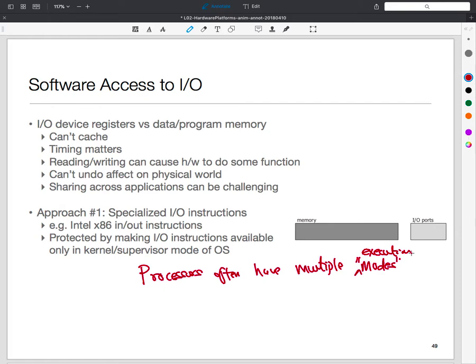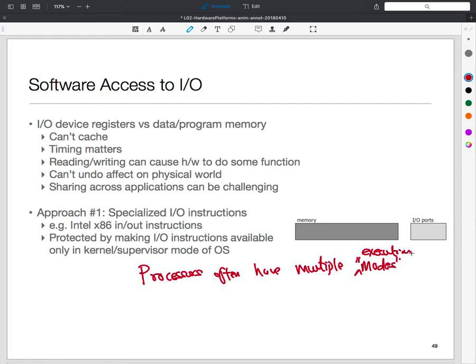I/O instructions tend to be more privileged because you want only the operating system to be messing with these I/O devices. But simpler processors do not have these privileged modes. For example, the processor that you have on Hexaware is not really designed for general purpose usage, and it doesn't have a separate user mode versus kernel mode. It just has a single mode.